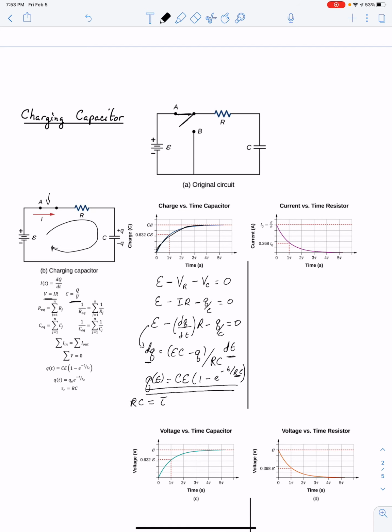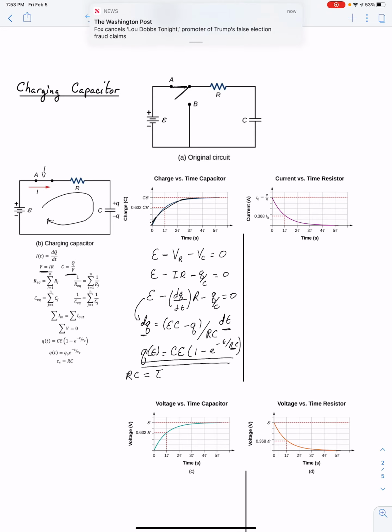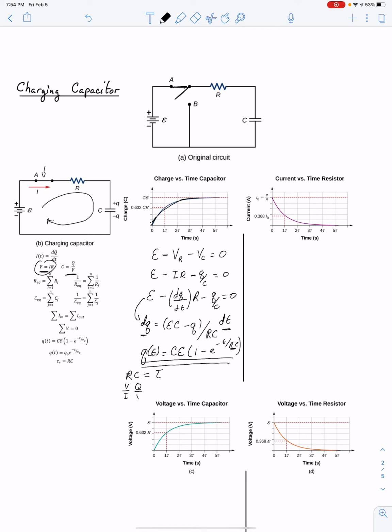And if we do a quick analysis on what RC stands for, if we change R using the equation right here, we have V over I, which is voltage over current, times charge over voltage, just like in this equation right here.